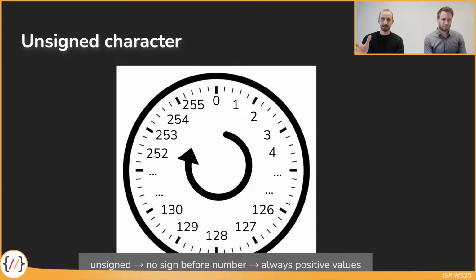Unsigned in this case means that there is no sign before the numbers. This is what I've told you before. When I have 0 and I subtract 1, I end up with 255. This means I don't have this sign before the number, so I don't have this -1, for example. It's just not possible. Unsigned means always positive values.